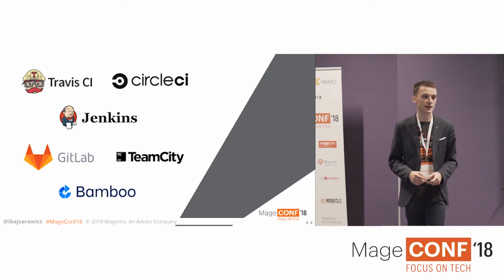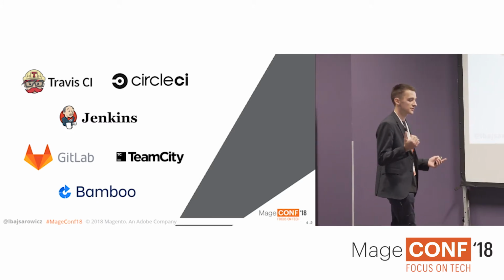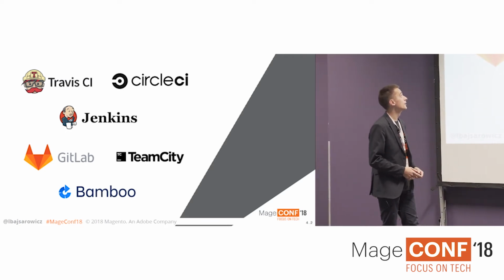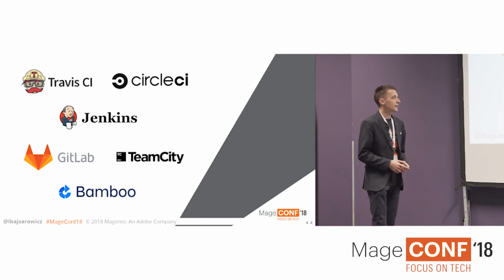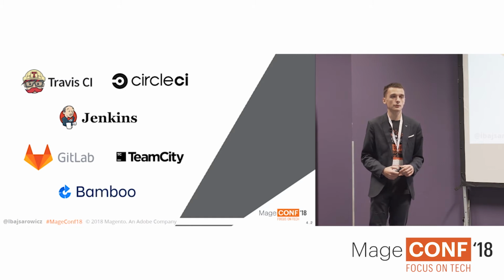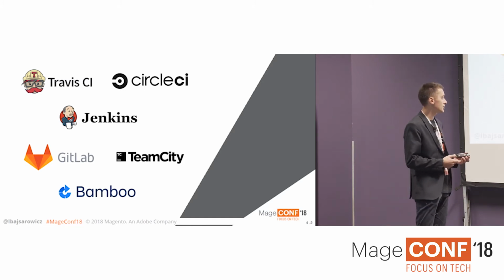He can serve you well, but he requires resources to set up, to configure. So you should know that you also have cloud services like Travis CI, like CircleCI. You can use also GitLab pipelines for introducing continuous integration.